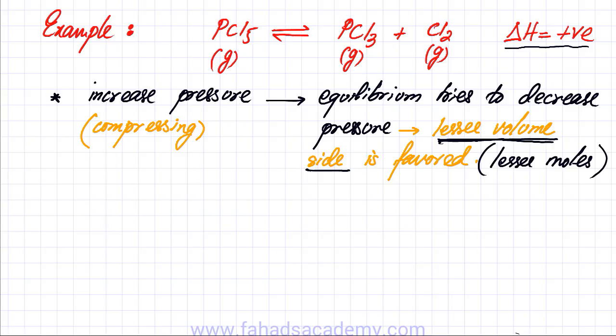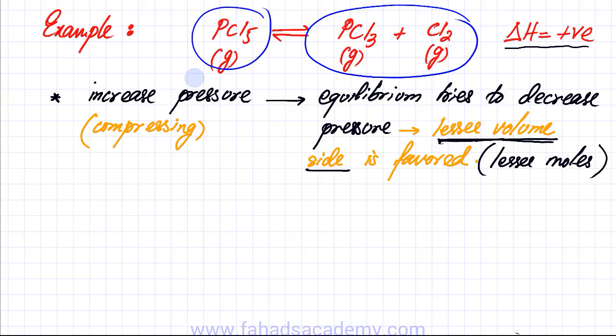This side has 2 moles, whereas this side has just 1 mole. So the lesser volume would be occupied by PCl5, and the production of PCl5 would be favored. The forward reaction would be more difficult as you don't have a lot of volume; you're compressing the whole system. Whereas the backward reaction would be easier to accomplish because you now have lesser volume.